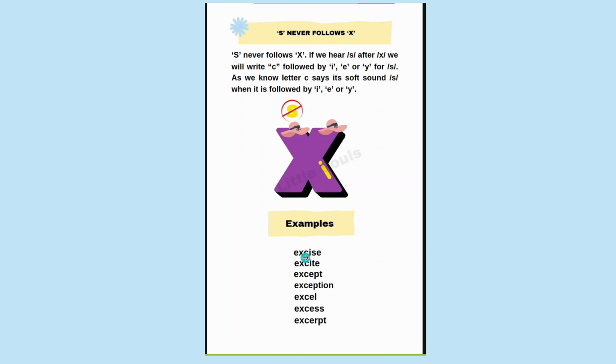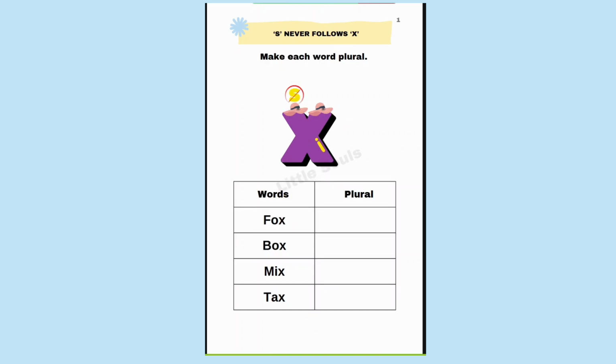Instead, letter C's soft sound is coming over here. Make each word plural. This is a simple activity, from fox to foxes. It cannot be foxs. We cannot put S for the sound. The plural will be foxes instead of fox. Similarly, boxes, mixes, taxes.